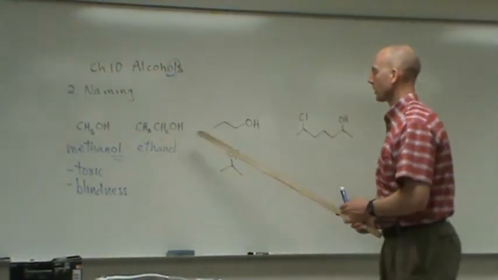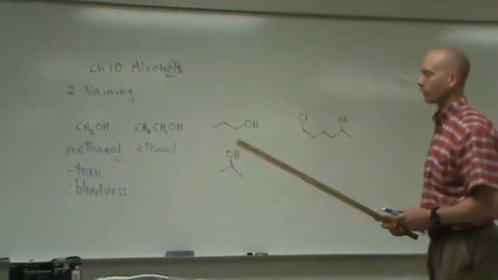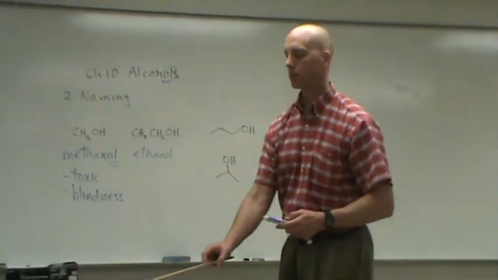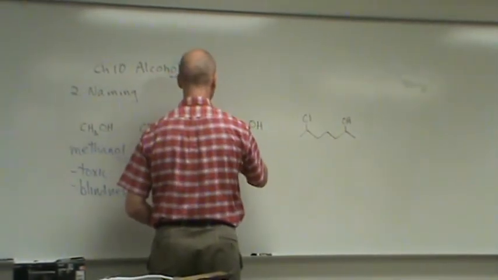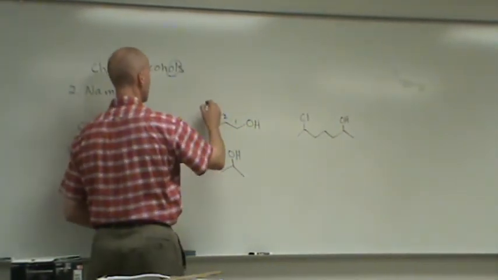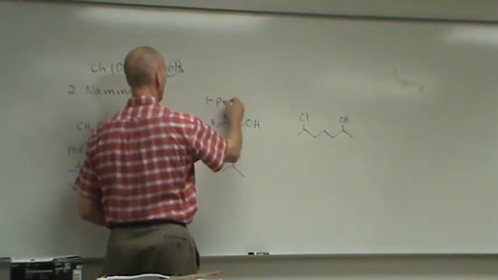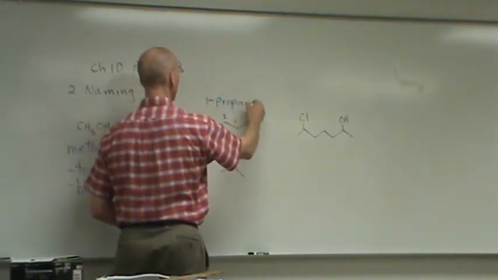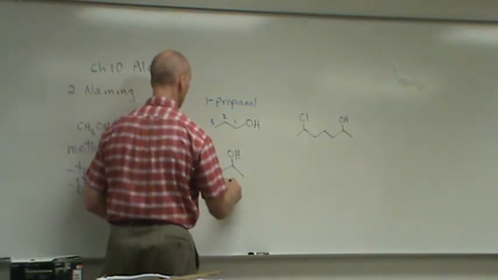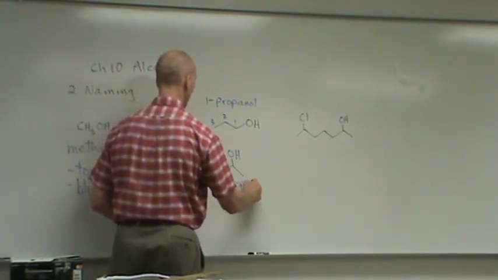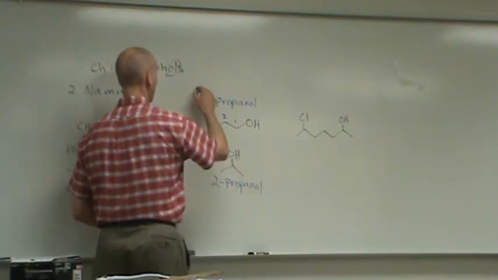Okay, so these two here, when you start getting to 3 carbons, now I've got to tell you where the OH is. So this will be 1-propanol. And down here, this would be 2-propanol.